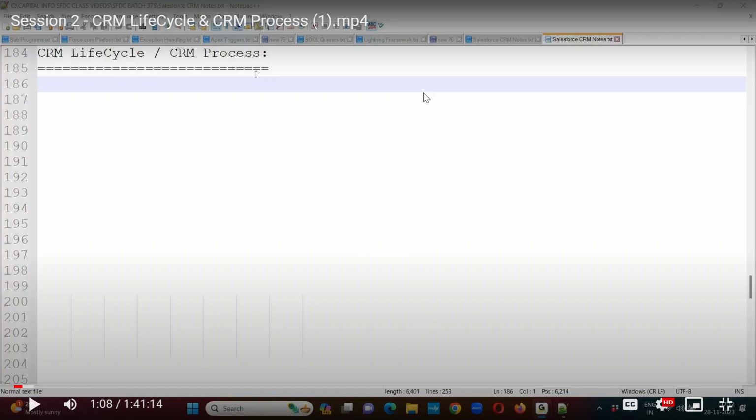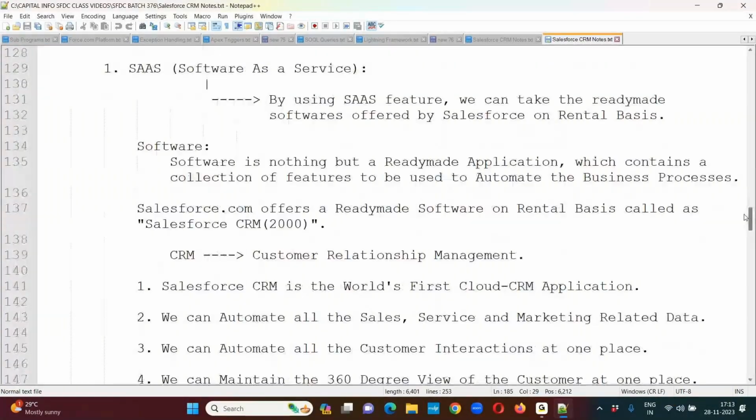And we have discussed the three classifications of services offered by Salesforce to the customers on a rental basis. The first one, software. What software is offered by Salesforce to the customers, and what is the use of that software, what we can do, we have discussed.